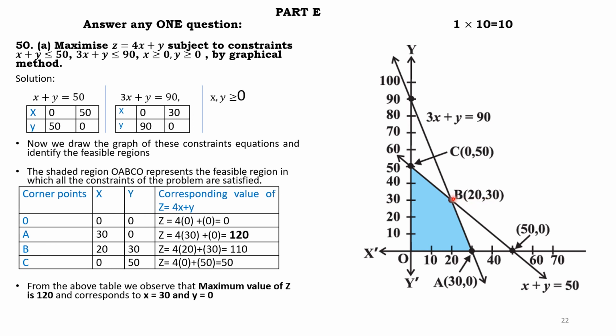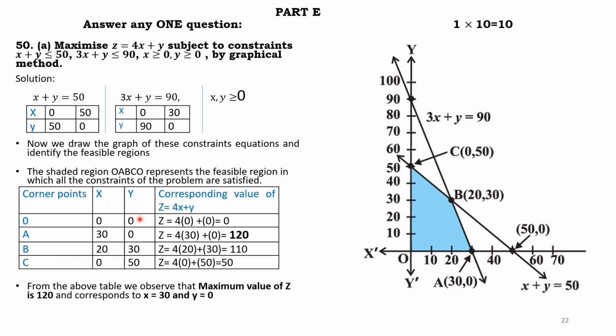We can even solve the equations. In this way, we will draw the graph, calculate the values, and note the values of O, A, B, C. So the point 0, 0 is noted.